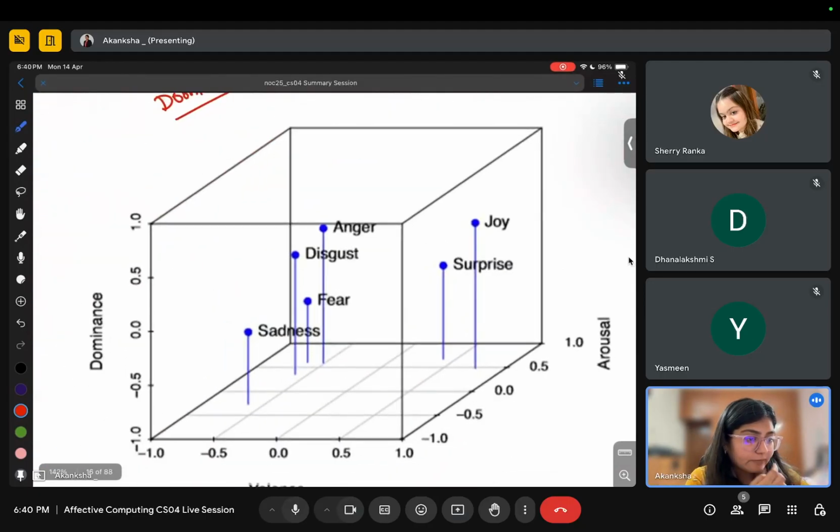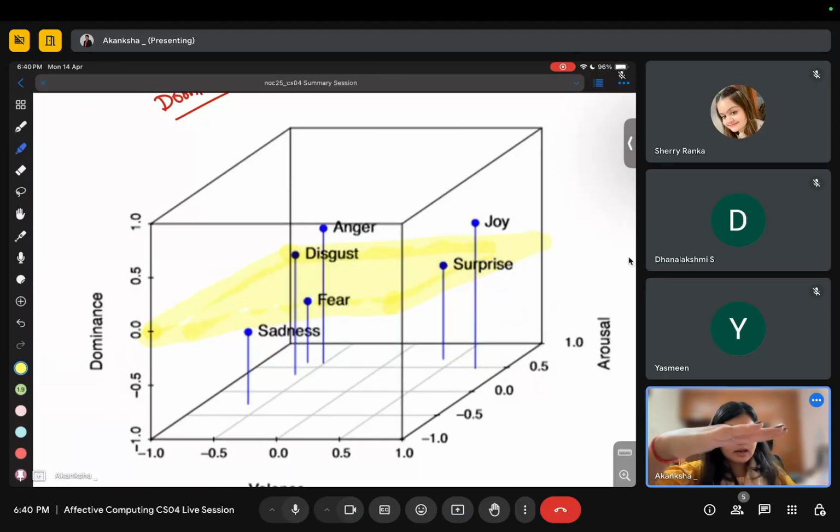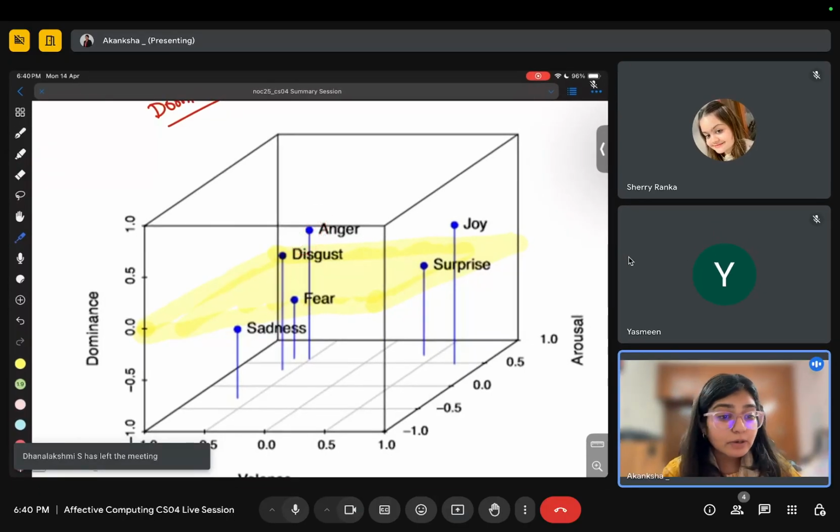If you look at it, you can see this is 0, right? So let's draw a plane which is passing through, if you can imagine this 3D plane, just dividing it into half. So now if you see, fear is lying below this plane and anger is above. Now you will be able to understand the difference. So dominance level is higher.